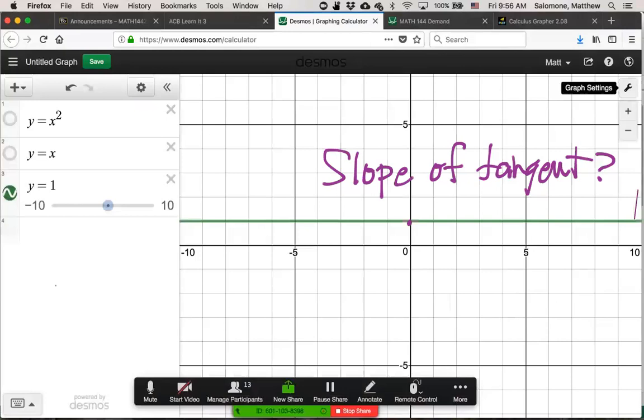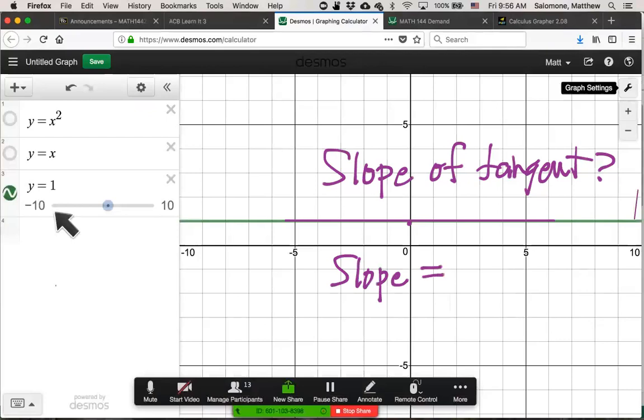Since this function is already a straight line, if I try to draw a tangent line to this graph, I'm just going to draw the same line right on top of the graph itself. So the question is, what would the slope of this line be?